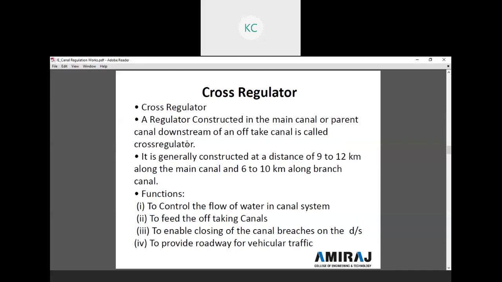If a low water table or low water level is available, it helps provide an excessive amount of water in the off-taking canal for fulfilling the irrigation need of a particular region, to enable the closing of the canal breaches on the downstream side, and to provide the roadway for vehicular traffic.